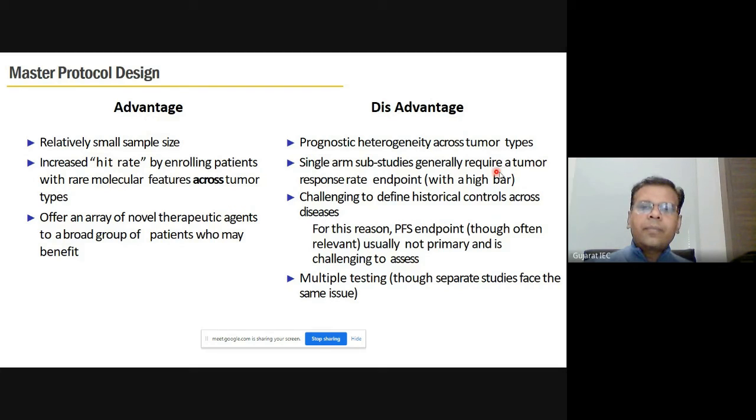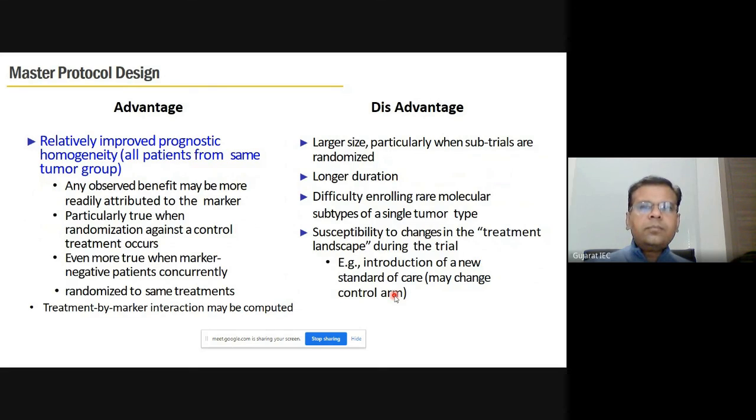The single arm requires a tumor response endpoint, so a high bar has been set for getting the response. Similarly, overall you may end up with a longer duration or a larger sample size, considering all the sub-trials you have conducted.